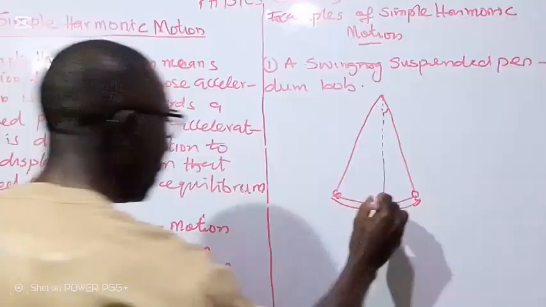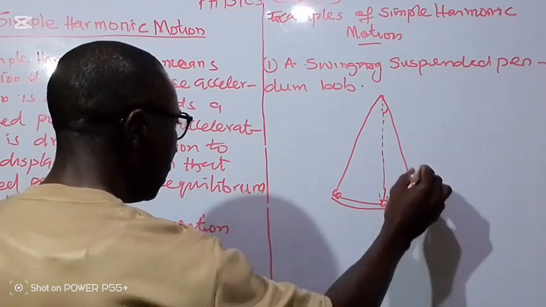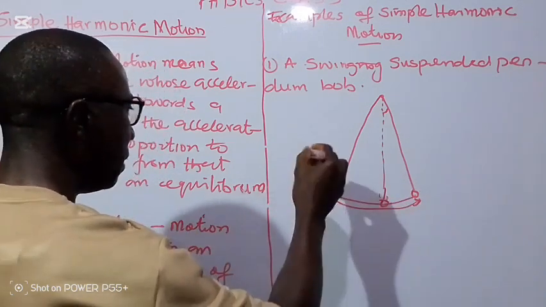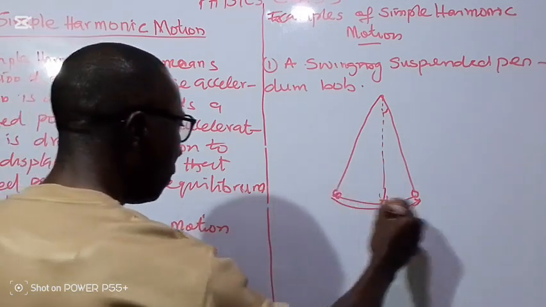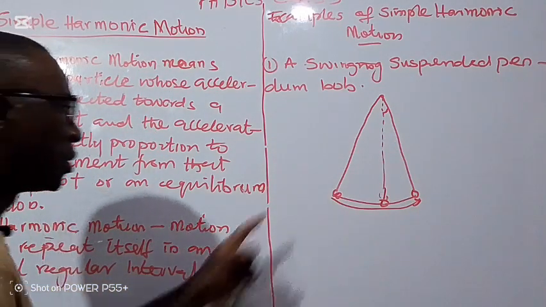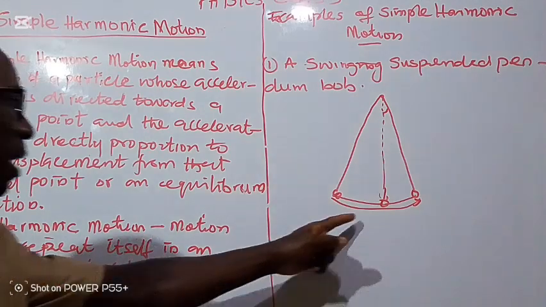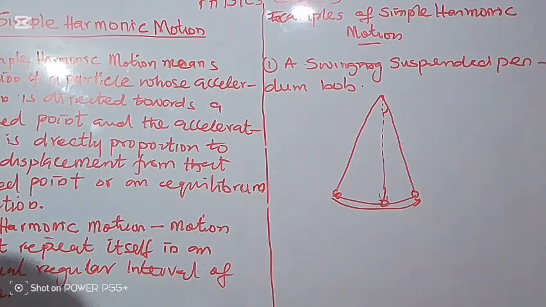That's what is made by simple harmonic motion. You can say that the motion will repeat itself with equal regular time interval. So the to and fro movement of a simple suspended pendulum is a typical example of simple harmonic motion.